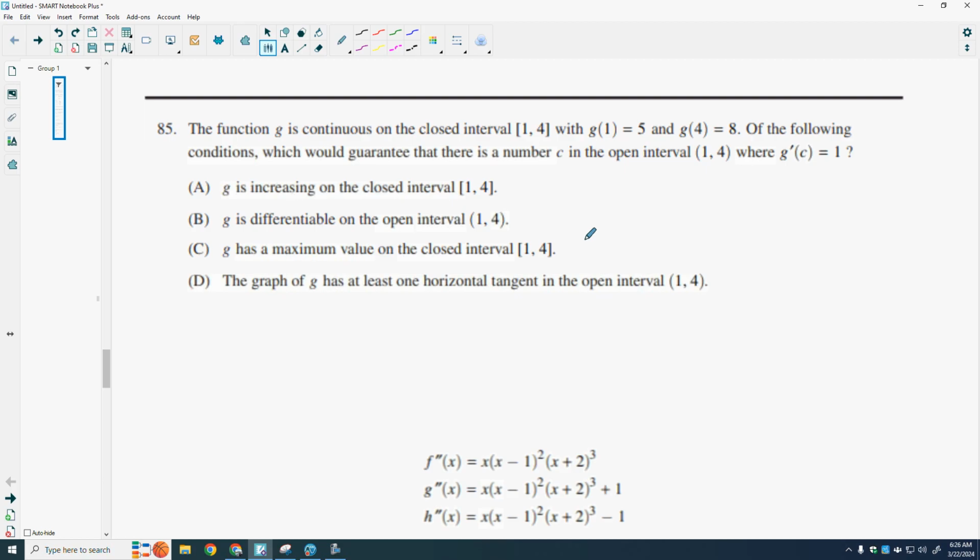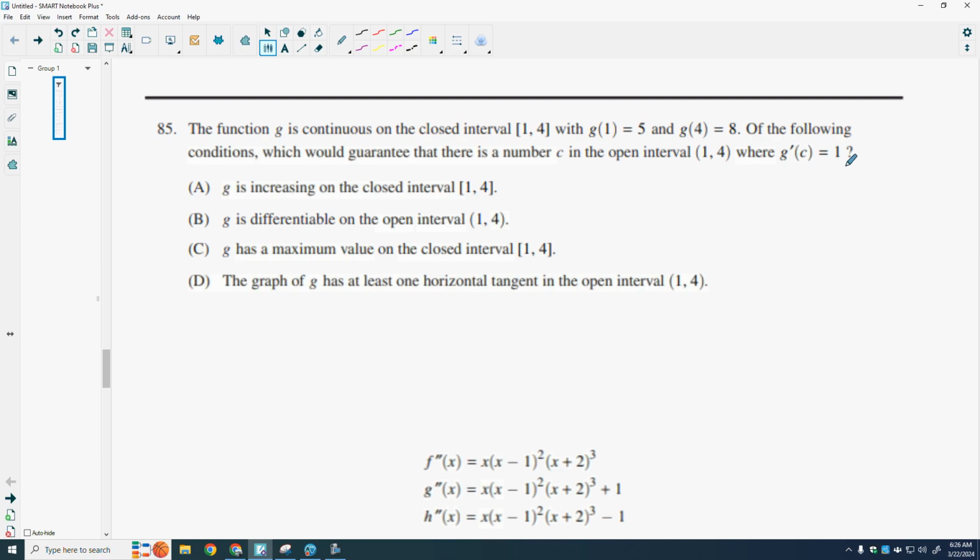Hopefully that looks really familiar. Giving you a second to think. I guess you've already thought, so I don't need to give you any more time. So I want to know when it's going to guarantee there's a number C in an open interval where my derivative is equal to 1.